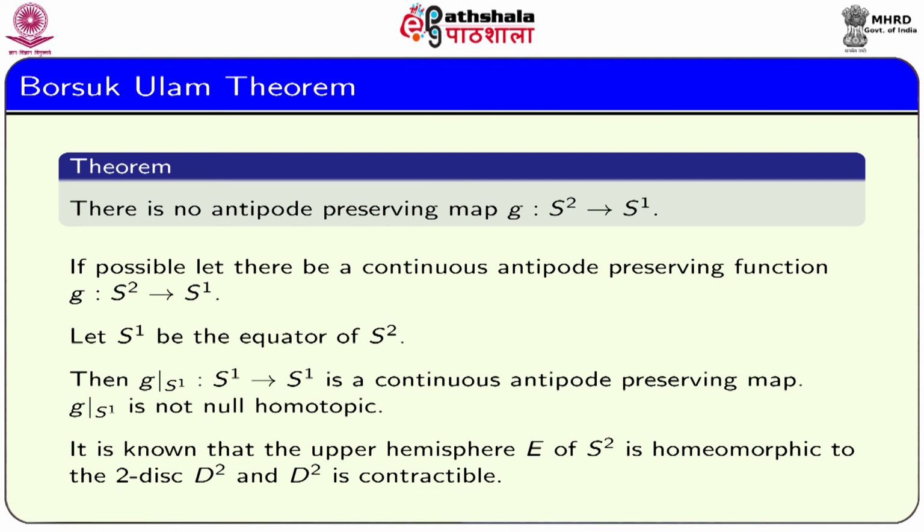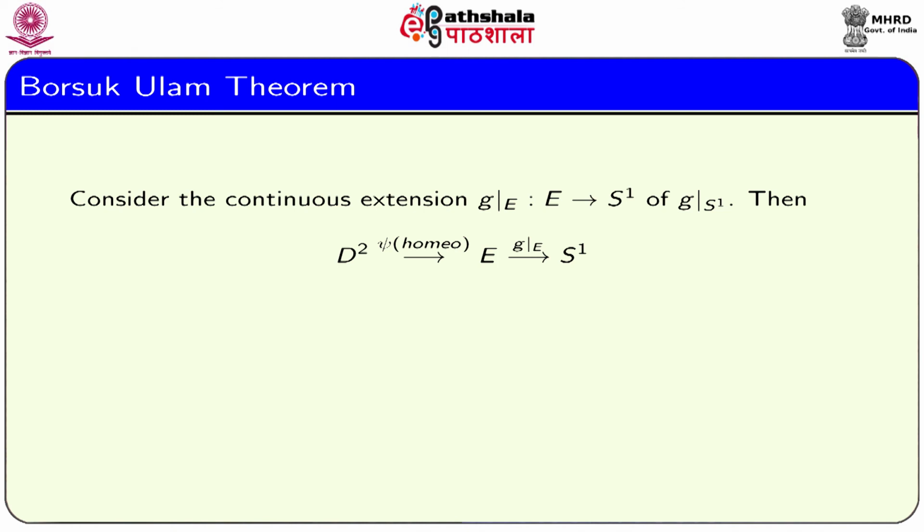It is known that the upper hemisphere E of S2 is homeomorphic to the 2 disk D2 and D2 is contractible. Consider the continuous extension G restricted to E of G restricted to S1.